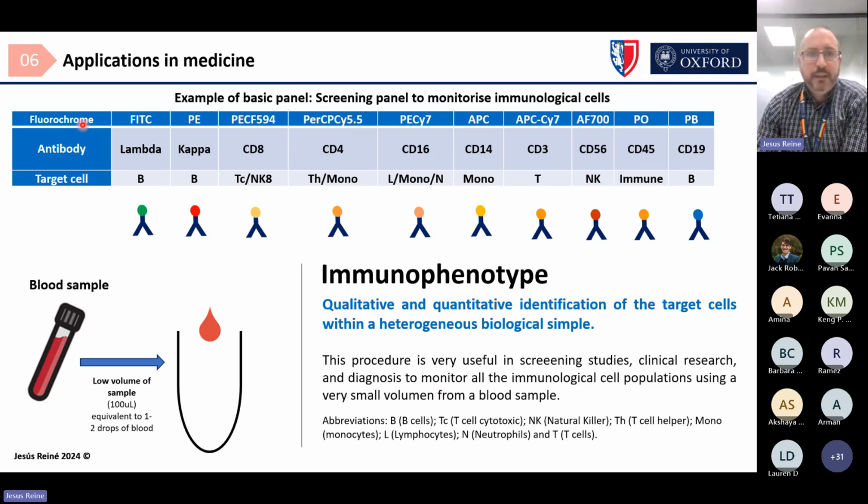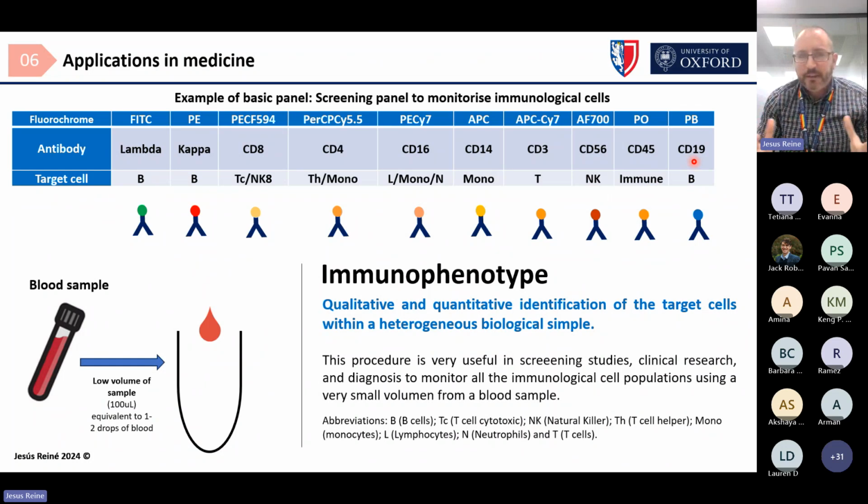For example, here we can see that all the antibodies that we have, lambda, kappa, CD8, CD4, are addressed to very specific target cell populations. B means B cells, TC means cytotoxic T cells, that also express CD8, NK means natural killer cells with the specific marker, TH means helper T cells, mono means monocytes, L means lymphocytes, monocytes or neutrophils, T means T cells, NK natural killer cells, immune cells is CD45, and B cells CD19.